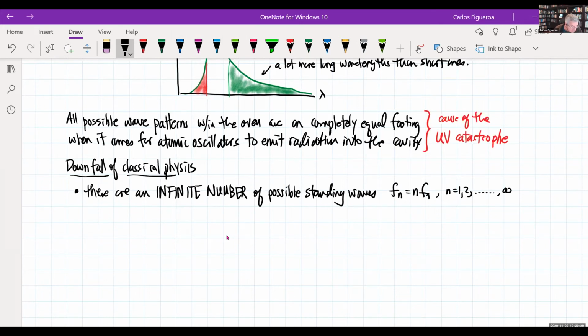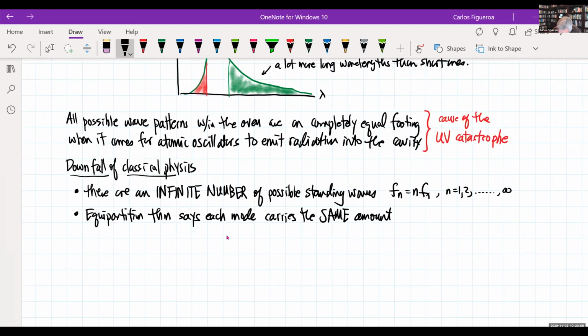So I have an infinite number of modes. Then the equipartition theorem says each mode carries the same amount of energy. So you have to equally divide the degrees of freedom between every single mode.